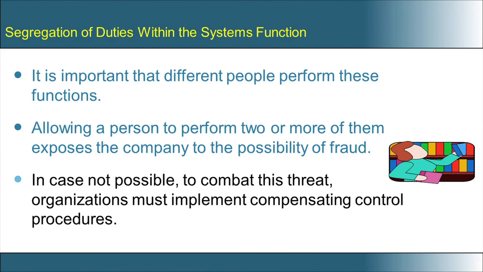What is a compensating control procedure? You look at the logs of the maker and checker. There is one person who is making and checking, his entire activity should be monitored, and if there is a notion of fraud, that should be immediately highlighted. That is what we mean by compensating control procedures.